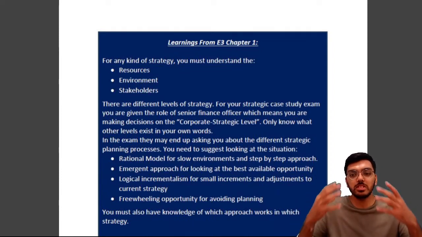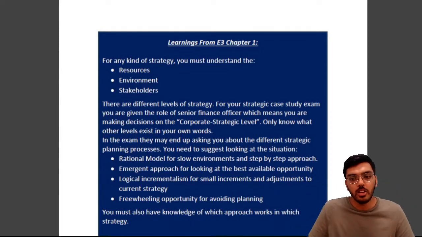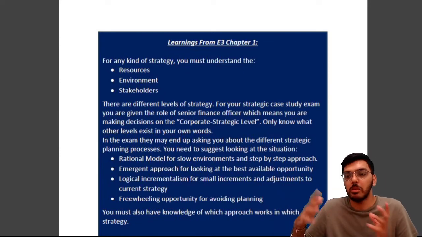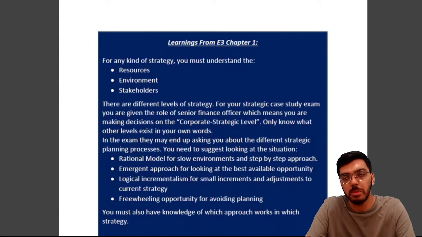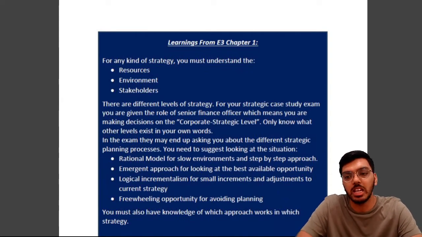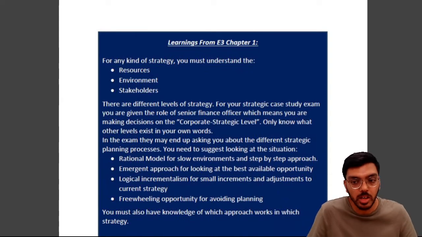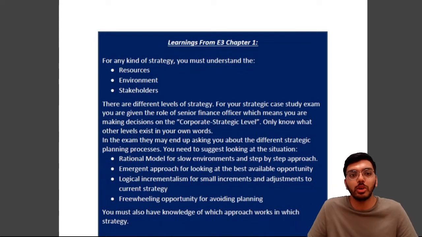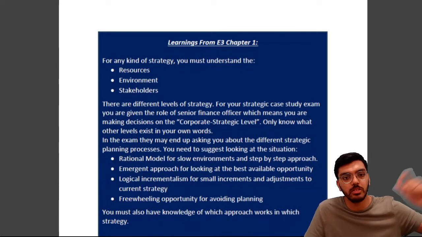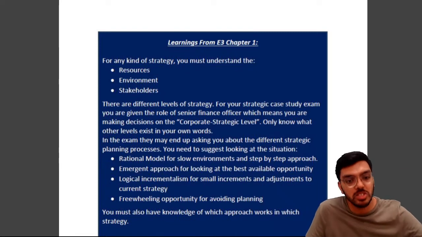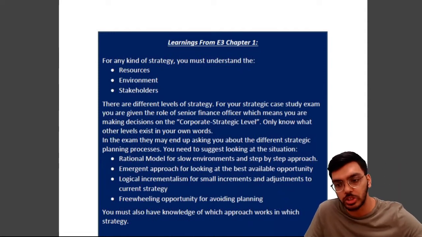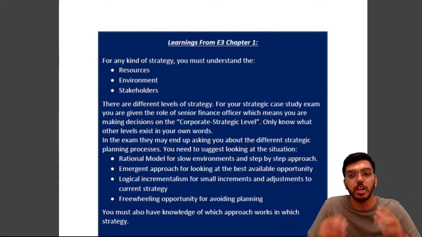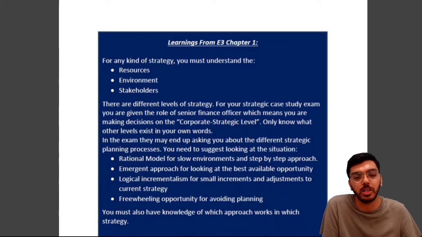I'll keep this in mind, and then when I go to my case study style mock questions, if the topic of what you should keep in mind when making a strategy for your company, for example, comes up, then you know that you have to write from the resources perspective, the environment perspective, and the stakeholder perspective. So this learning gave you a specific area, question, or objective that you should be fulfilling from chapter number 1.